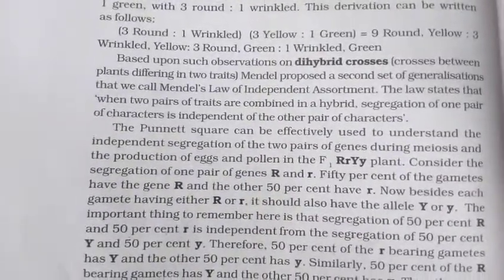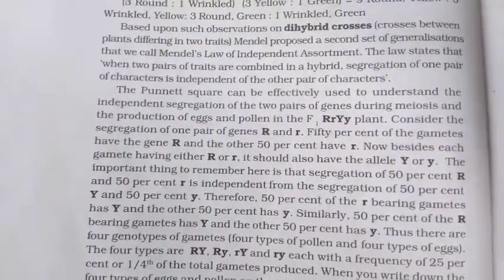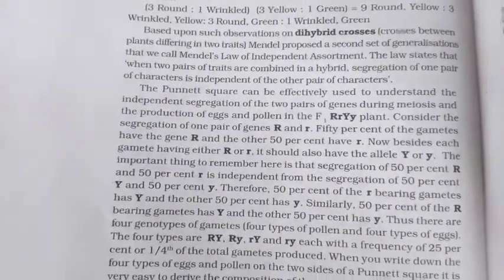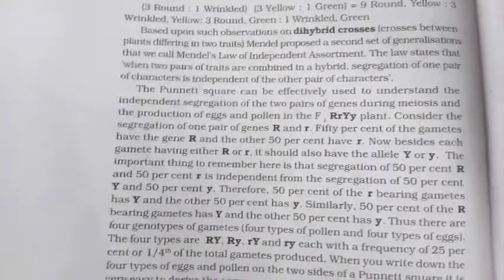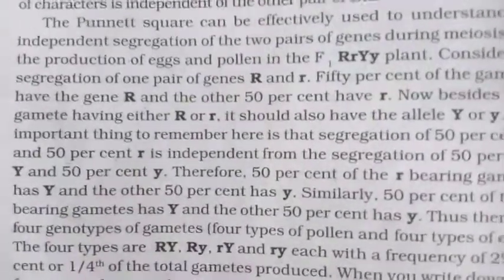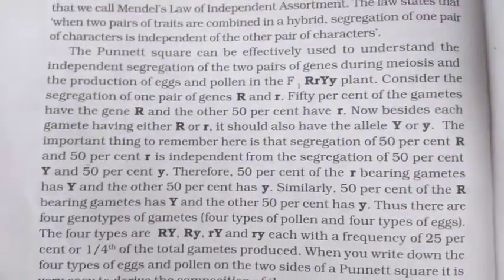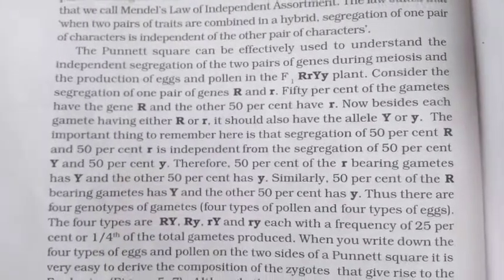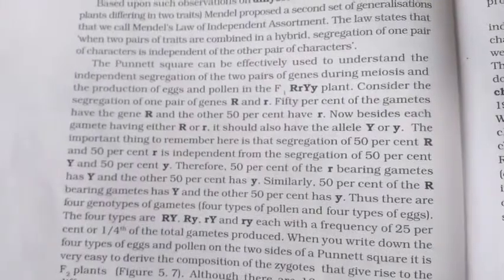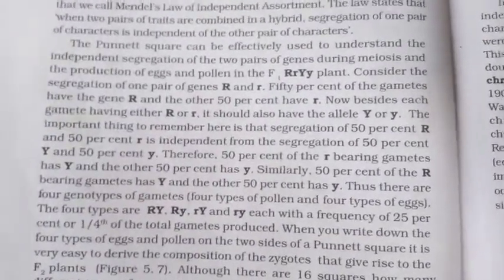The important thing to remember here is that the segregation of the 50% R and 50% small r is independent from the segregation of the 50% capital Y and 50% small y, that is for the other character. Therefore, 50% of the small r bearing gametes have capital Y and the other 50% have small y. Similarly, 50% of the capital R bearing gametes have capital Y, and the other 50% have small y.